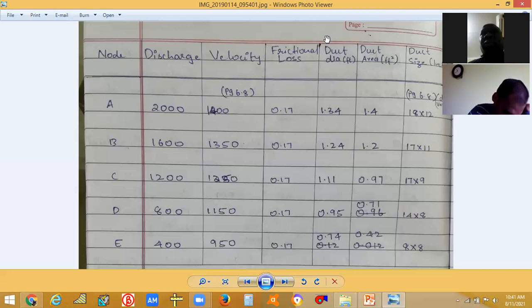FL and Q, the 2 formulas. You just write the 2 formulas. FL is equal to 0.109316, that formula, as well as Q is equal to A into V. Write those 2 formulas.